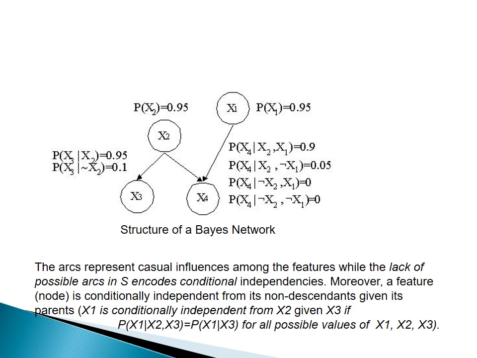This is the structure of a Bayes network. This is a DAG. By seeing the figure, we can clearly understand. Bayes network is all based on probability only.